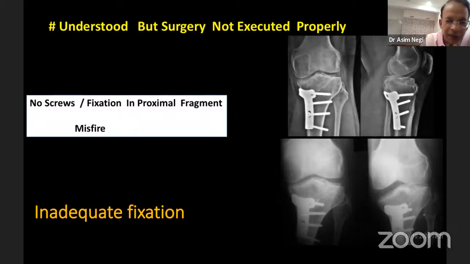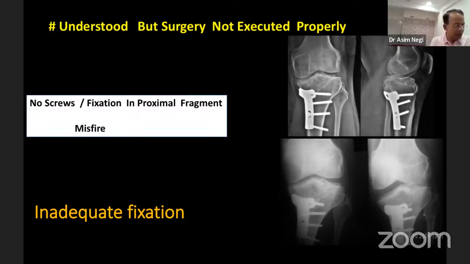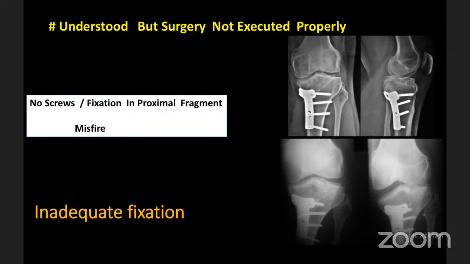It can still rotate and it can displace. The screws add stability to the construct. So nowadays nobody does an anti-glide or buttress plate without screws. Even in the distal area, with a solar button also, we fix the distal screws, because I have seen that if you don't put the screw, it will collapse.